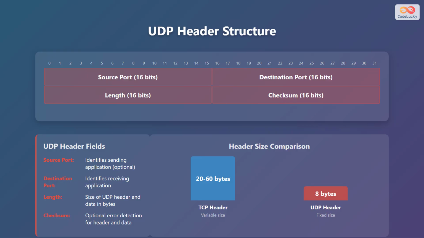The length is 16 bits, representing the size of the User Datagram Protocol header and the data in bytes. Lastly, checksum is 16 bits and provides optional error detection for the header and data. A Transmission Control Protocol header is 20 to 60 bytes, and the User Datagram Protocol header is 8 bytes.